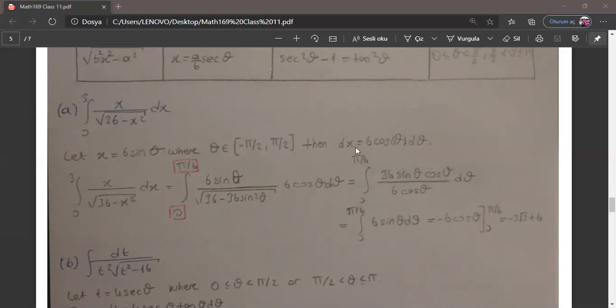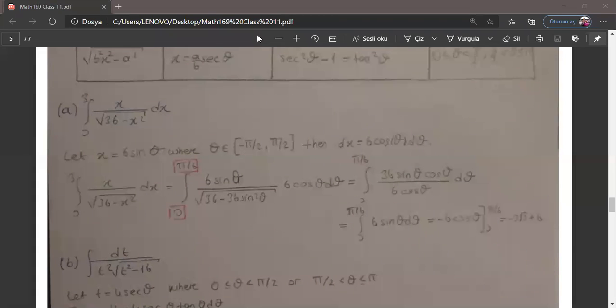So if we differentiate it, we get that. Now what do we have? x is equal to 6 sine theta, and dx equals this one, so we wrote here, okay, and x squared is the square of that, so we have this.